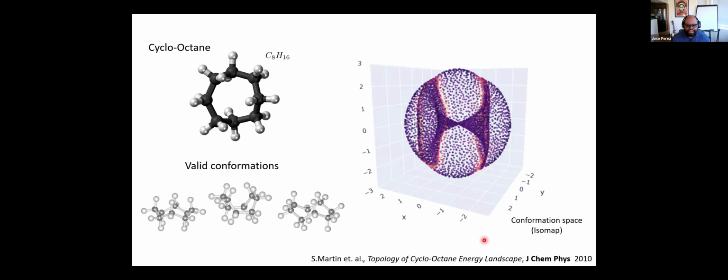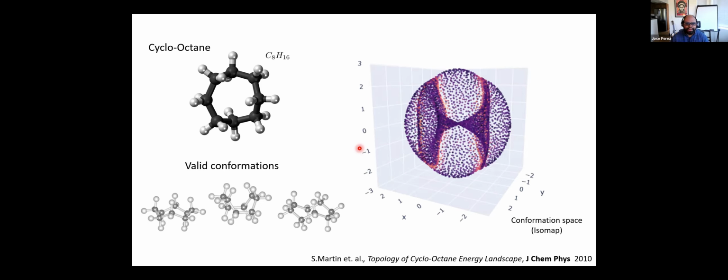Here on the left, I'm showing an Isomap representation of a data set sampling the conformation space. So again, each dot in the figure on the right is supposed to represent one of these valid conformations up to symmetry. And what you would like to do is do the same thing for other and bigger molecules. Okay, so that's the genesis for the talk.